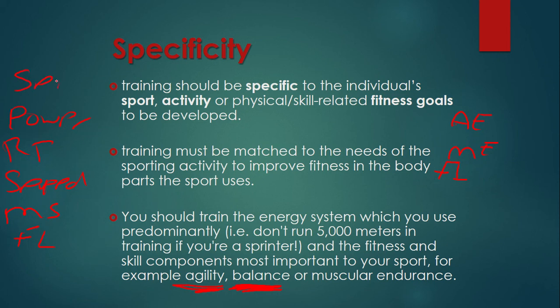So this is a sprinter's list, and this could be a long distance athlete. You've got different components of fitness you'd focus on. I wouldn't expect to see lots of reaction time things for a long distance athlete.